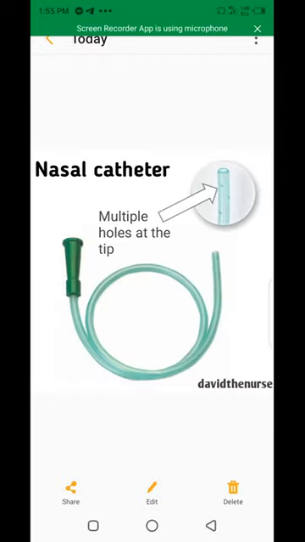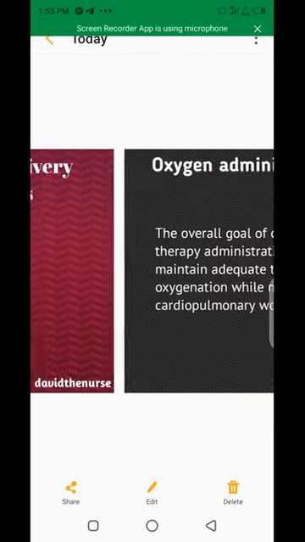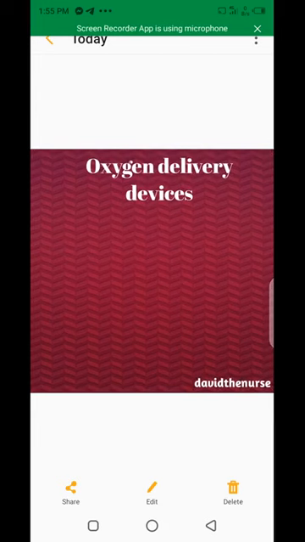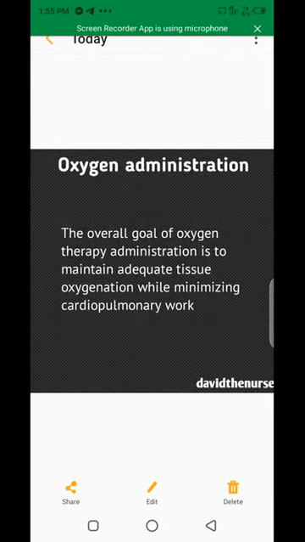So very quickly I'll be going to the matter of discussion today, that is oxygen administration. Oxygen administration is very key. It is one of the key duties of a nurse, and even others in the healthcare profession. As healthcare workers, it is important that we are equipped with the right knowledge of oxygen administration.